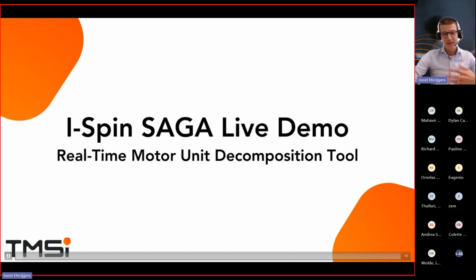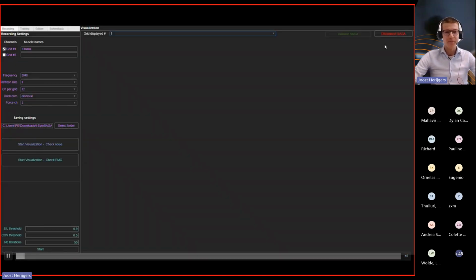First of all, iSpin is a MATLAB app, and if you open iSpin, you get into this window. In the top right, you can see that we already connected Saga, and on the top left, you can see that we, for instance, set the muscle name, which is tibialis in our experiment.